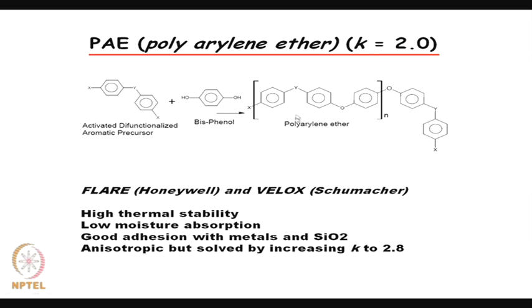The chemical diagram is shown, and it has very high thermal stability, low moisture absorption, good adhesion with metals and SiO2, and it is anisotropic. As we have discussed earlier, anisotropic means the value is not a fixed one, it can have different values in different directions.